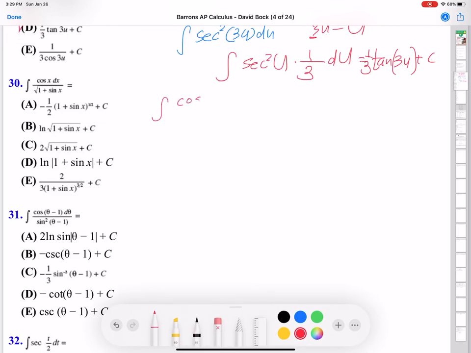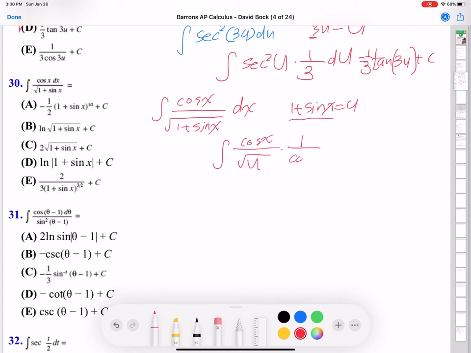All right, number 30. Cosine x over square root 1 plus sine x dx. Let the 1 plus sine x part be u, and then change that. Cosine x over root u, dx is 1 over the derivative of u, which is cosine x, right? Sine's derivative is cosine x. And then du, and then this cosine crosses out. What is left?